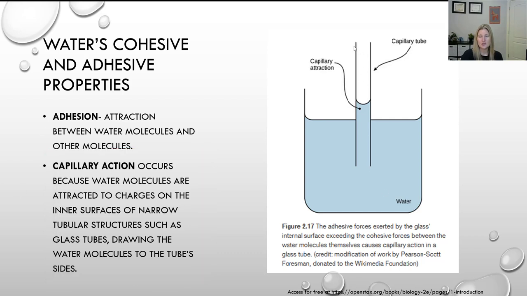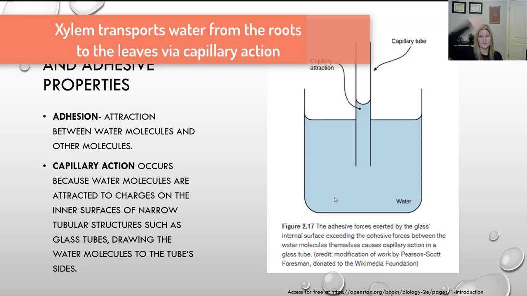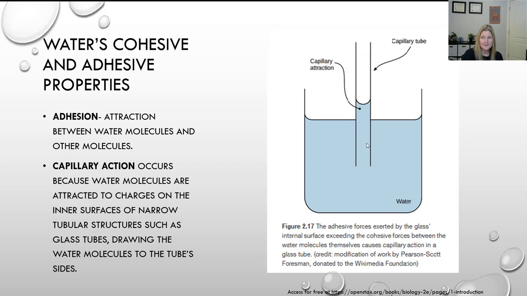In a tree we have xylem, which are little narrow tubes. The cohesiveness of water wants water to stick together, but the adhesiveness wants it to also cling to the sides of the xylem. So it draws water up against gravity. That's a unique property of water.